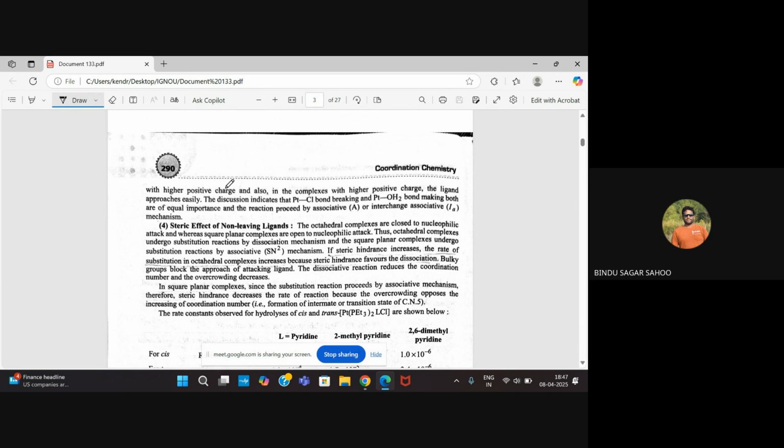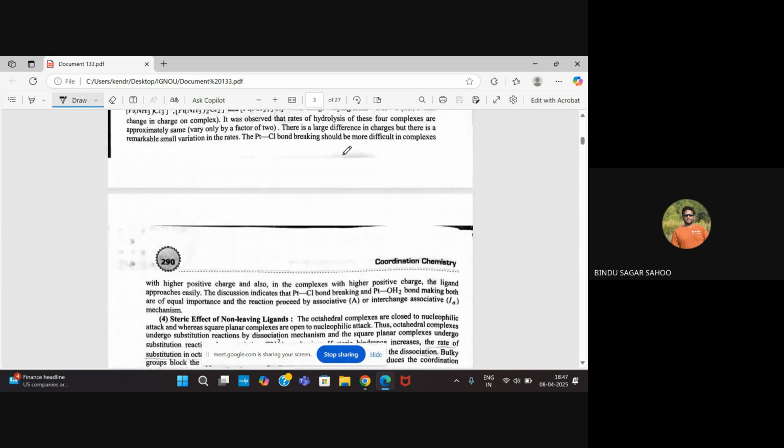That means in the rate determining step, there is association of the incoming ligand. There is no dissociation of the platinum chlorine bond in the rate determining step. So in the associative mechanism, it's important to form a bond with the new incoming ligand rather than the breaking of the platinum and the leaving group bond.